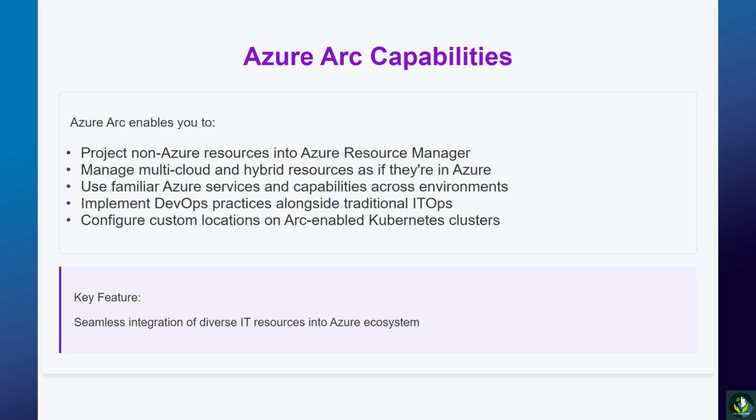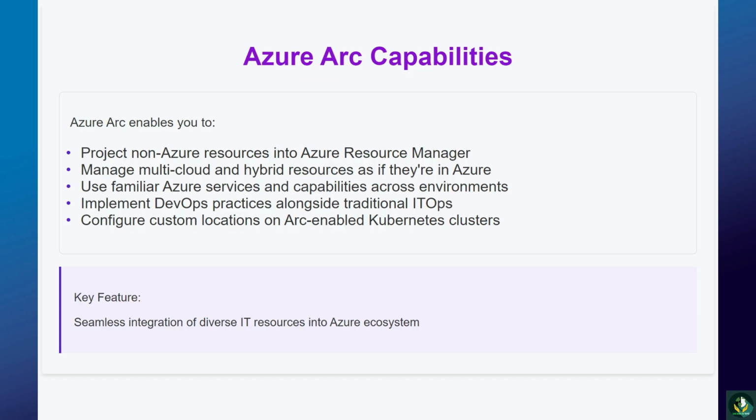One of the key capabilities of Azure Arc is its ability to project non-Azure resources into Azure Resource Manager, ARM. This projection allows these external resources to be managed using the same tools and interfaces as native Azure resources.